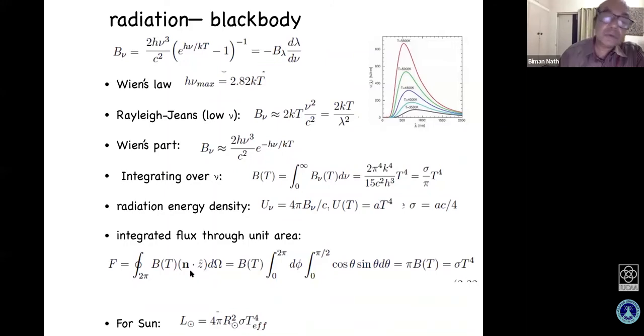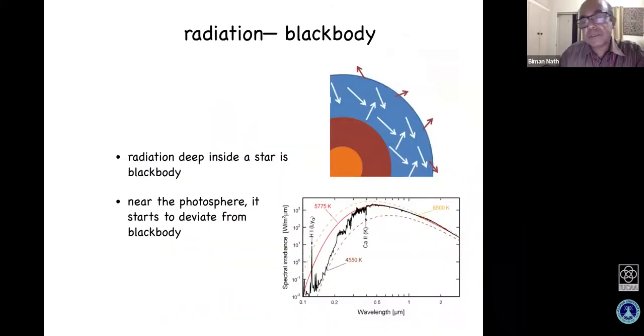Then, for example, we look at the spectrum of the sun, and suppose we ignore for the time being all these deviations and say this is roughly what it looks like. If I assume that the sun is a black body, then this is the temperature I would associate with it.